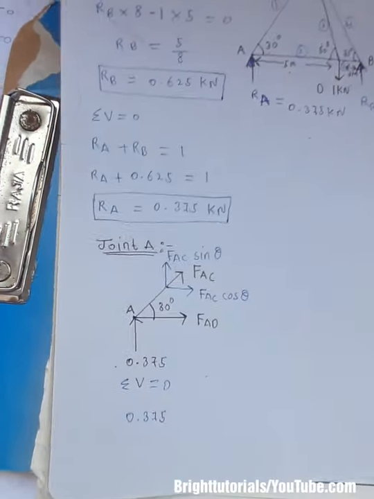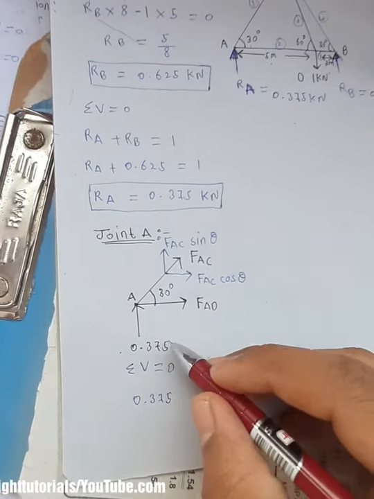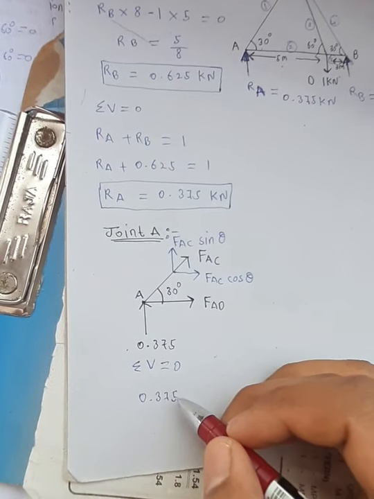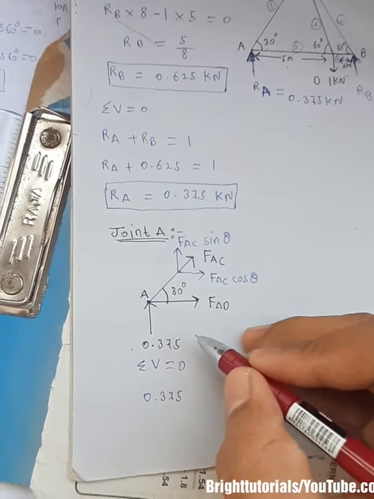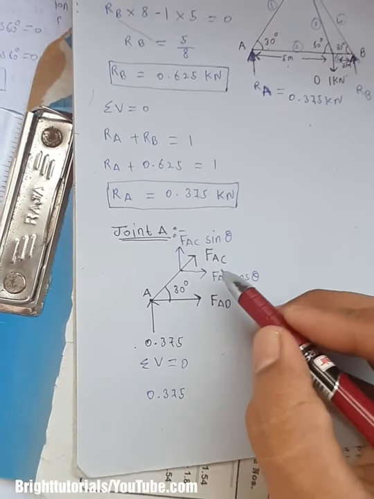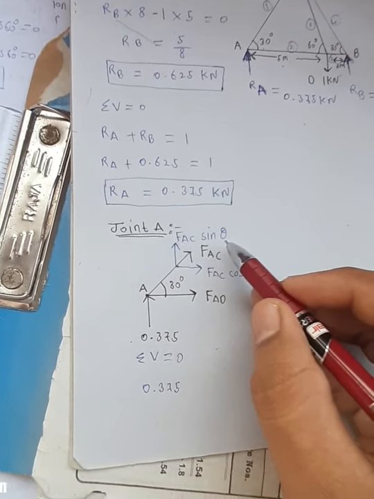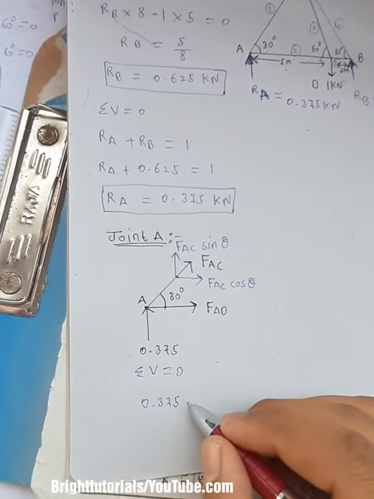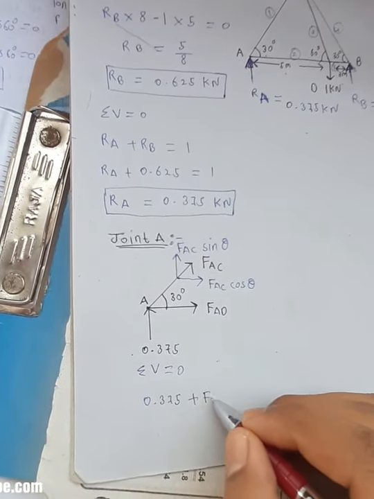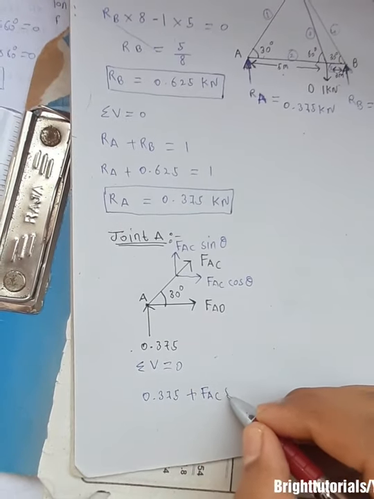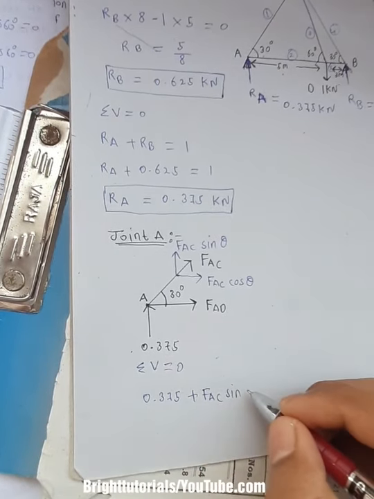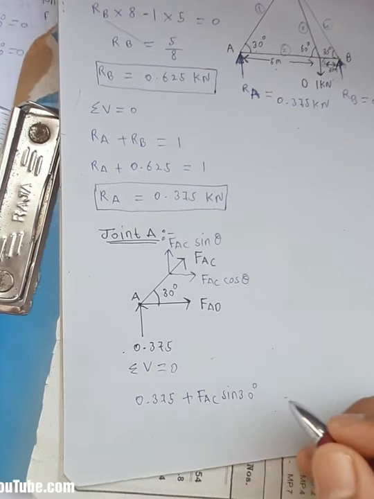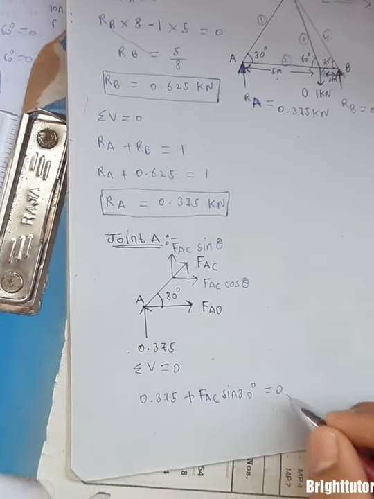Now summation of vertical forces: 0.375 is a vertical force, and FAC sine theta is also going upward, so plus FAC sine 30 degrees equals to 0.